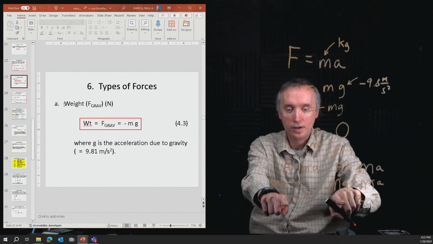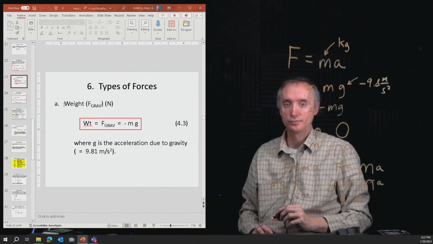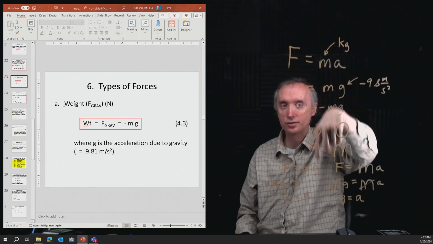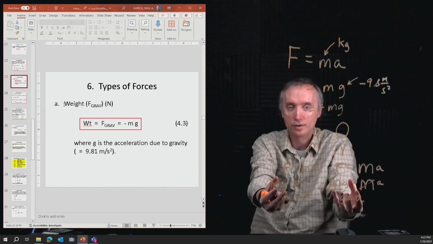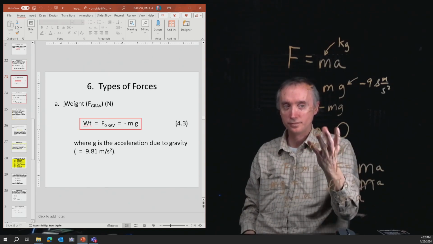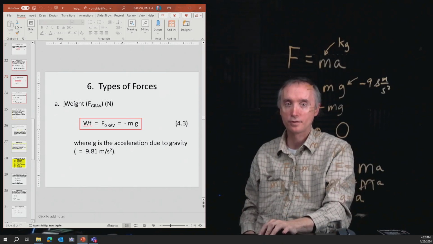So they're both being pulled down with the same acceleration. And if you have the same acceleration, they're going to fall at the same speed, and they're going to hit the ground at the same time. So this was the experiment that Galileo did with the Leaning Tower of Pisa.